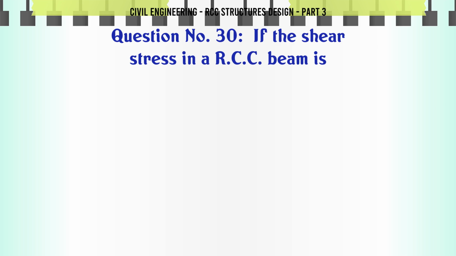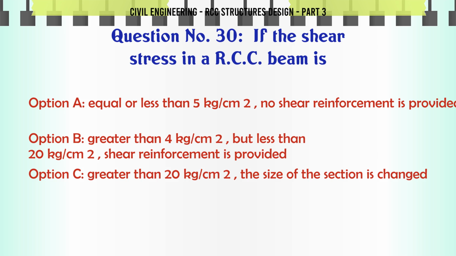If the shear stress in a RCC beam is A. equal or less than 5 kg/cm2, no shear reinforcement is provided, B. greater than 4 kg/cm2 but less than 20 kg/cm2, shear reinforcement is provided, C. greater than 20 kg/cm2, the size of the section is changed, D. all the above.